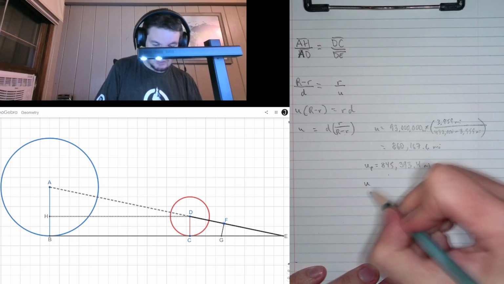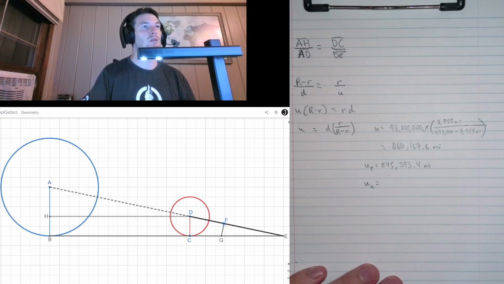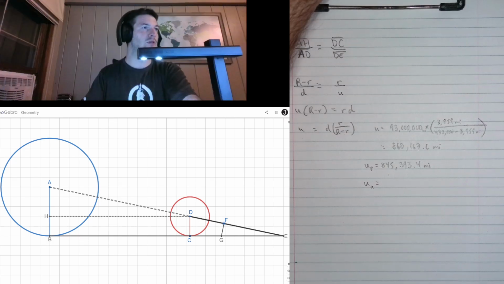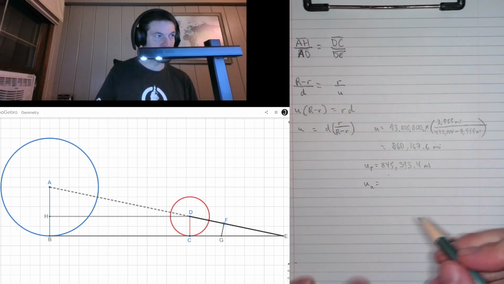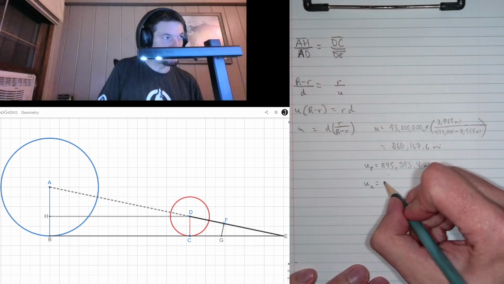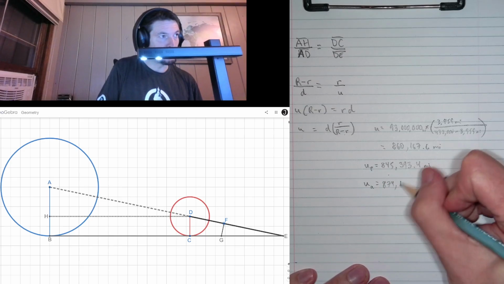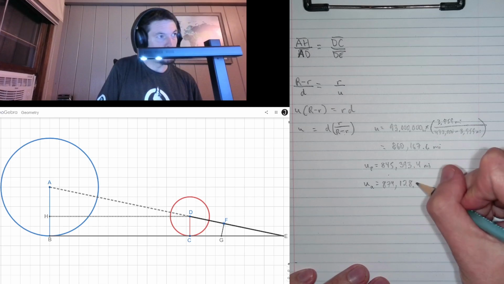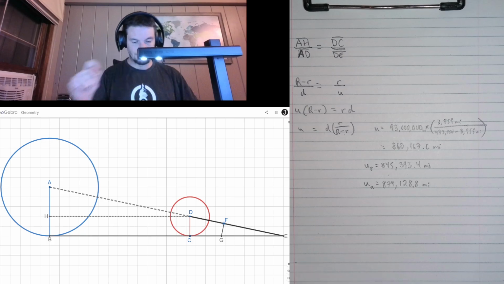And for the umbra at aphelion, we're going to use 94,509,460. And that gives us a value of 874,128.8 miles.